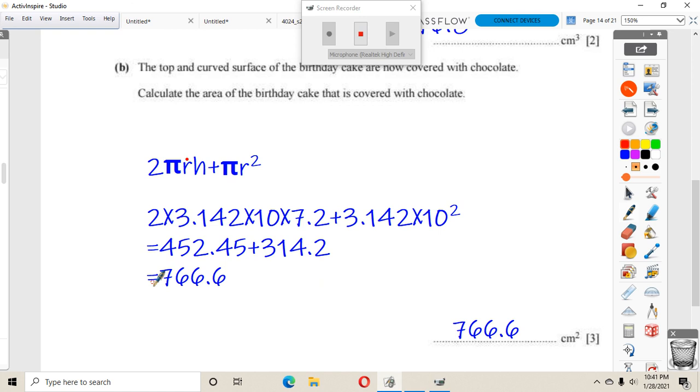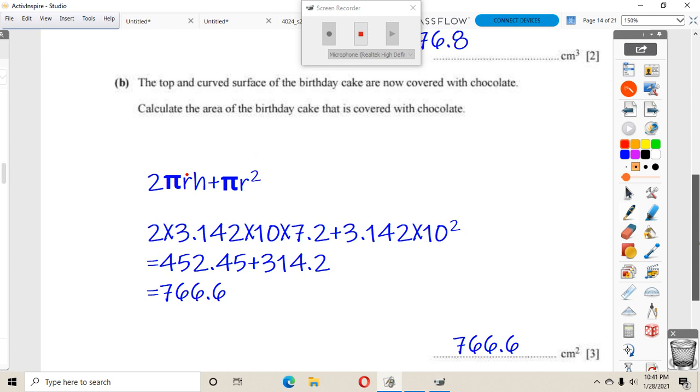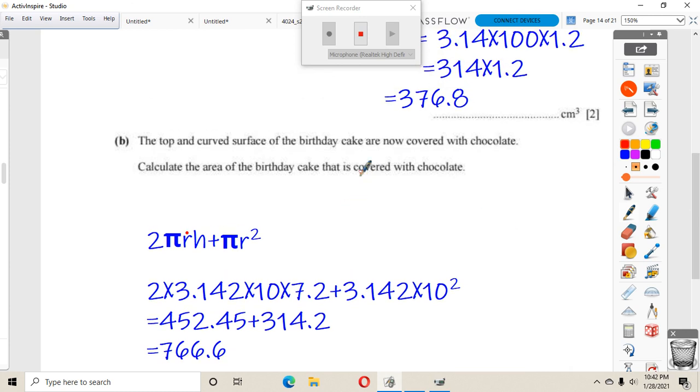When we add up 452.45 plus 314.2, it gives us 766.6 centimeters square. This is the area of the birthday cake which is covered with chocolate. Thank you so much.